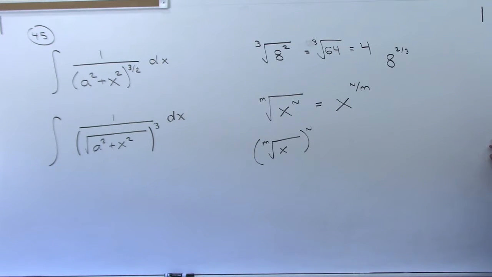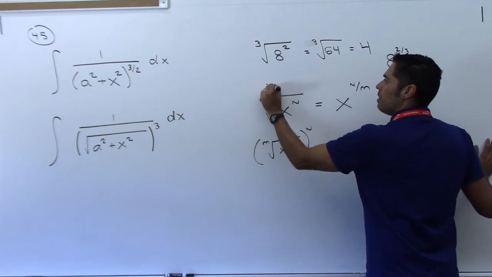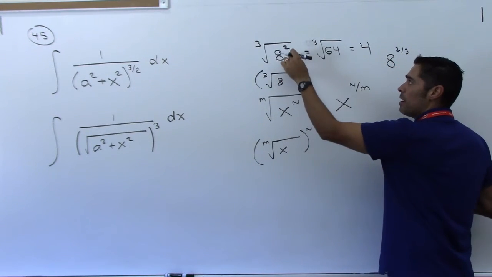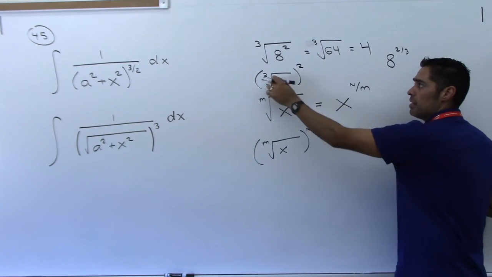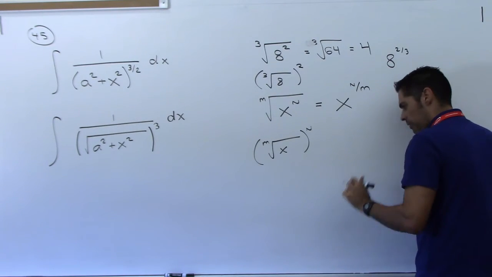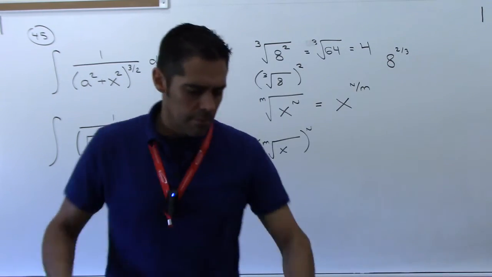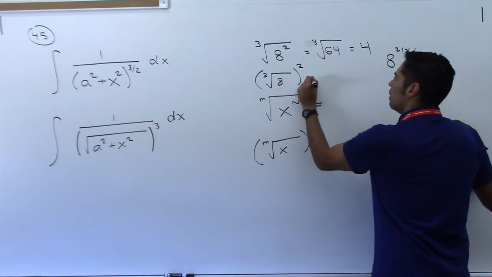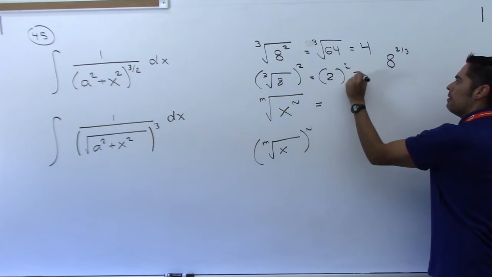But I could also have done it this way: the cube root of 8 first, which is 2, and then square it. You get the same answer.